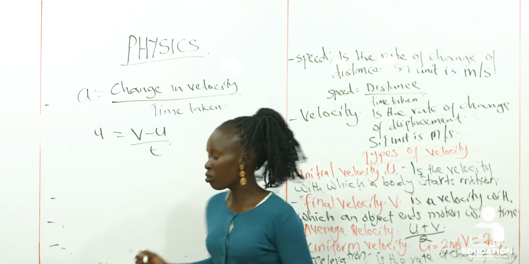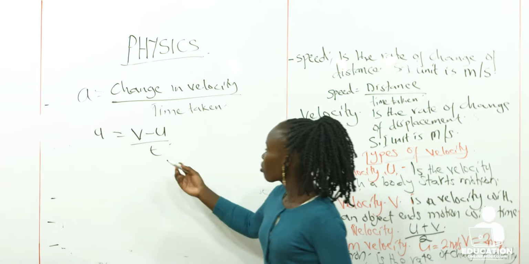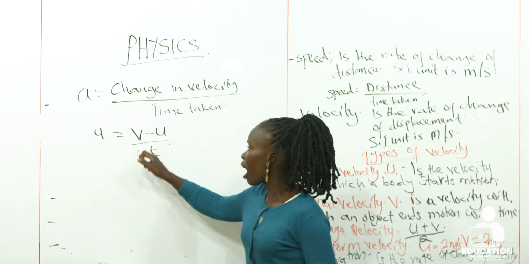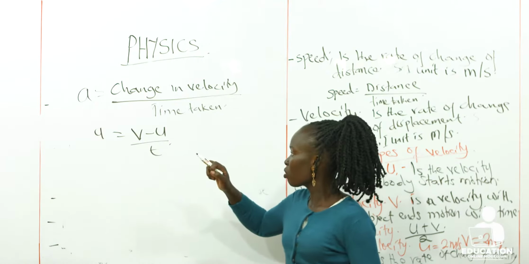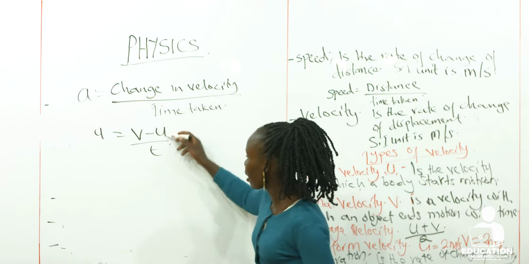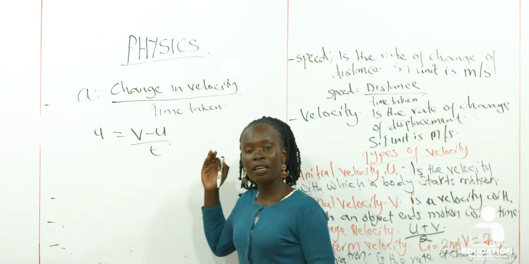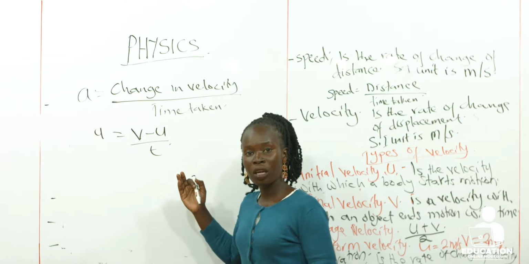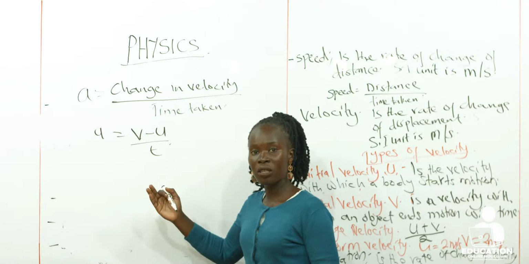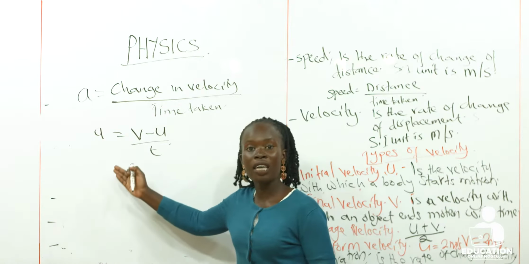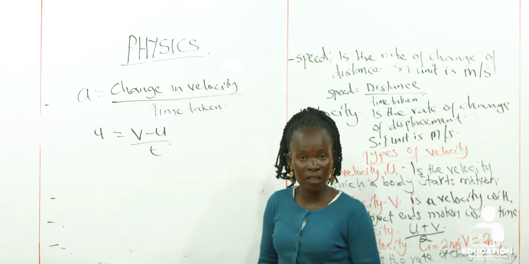Where you're ending the journey is the final velocity, and the speed you started the journey with is the initial velocity. When you subtract the initial velocity from the final velocity and divide by time, it gives you the rate at which you were accelerating.